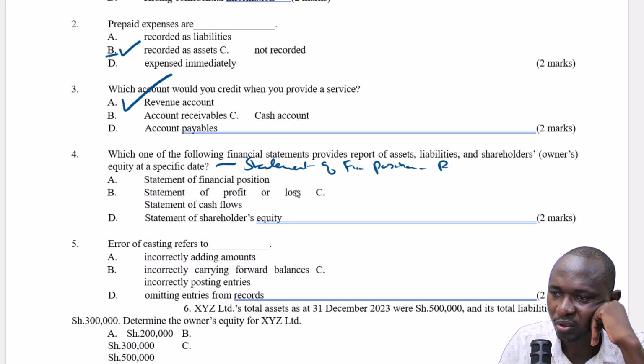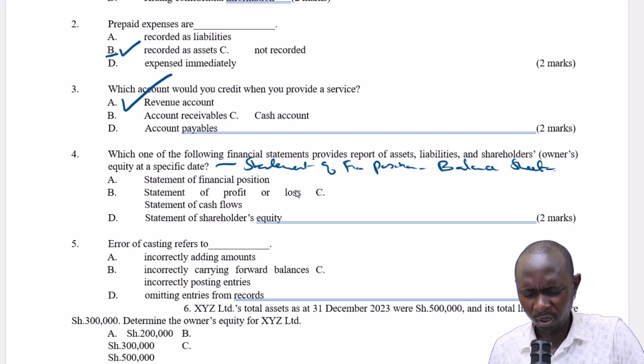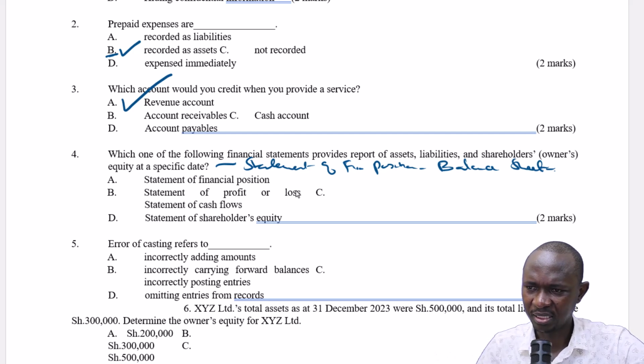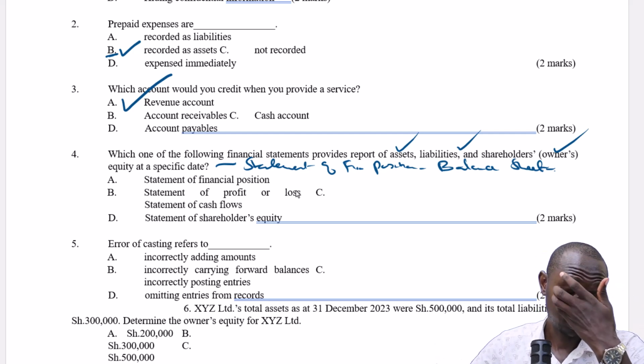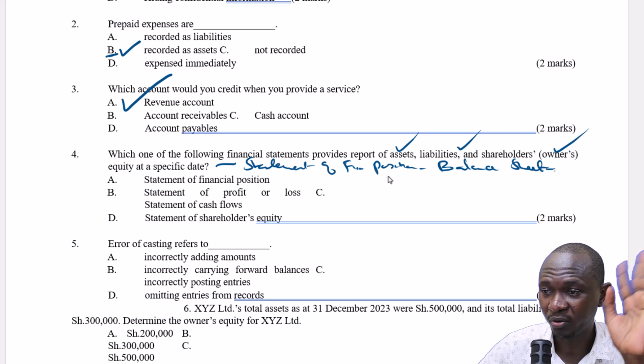Initially, we used to refer to it as a balance sheet. It shows the assets and liabilities of the firm, or assets, liabilities, and capital of the firm. And that's what this question is asking. Assets, liabilities, and capital. So we are talking about balance sheet or the statement of financial position.